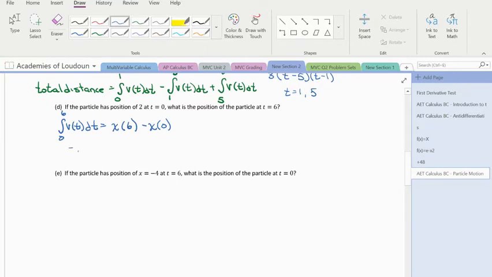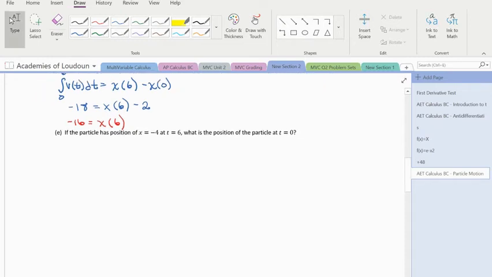Well, I already know that this value is negative 18. I'm looking for the position at 6, and I know that I am at 2, which means that I can see that I am at the position negative 16 when time t equals 6.